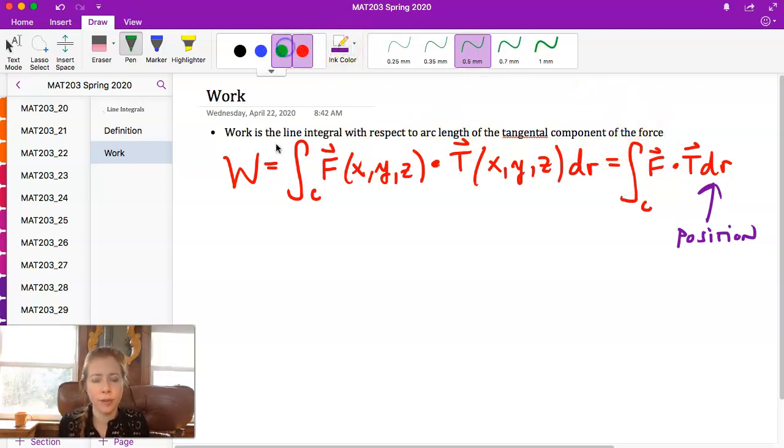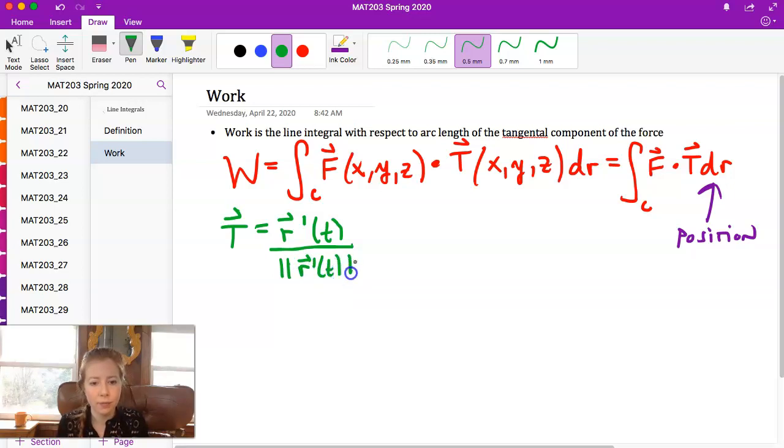So looking back at this tangential component, T is going to be equal to the first derivative of our position function as a function of time, divided by the magnitude of that derivative.